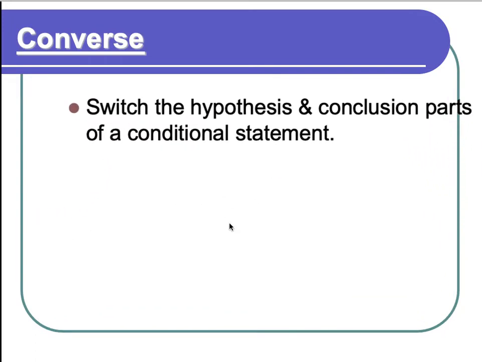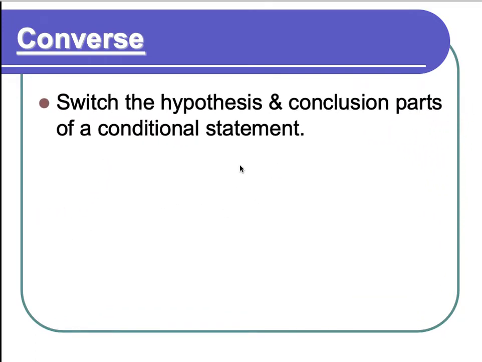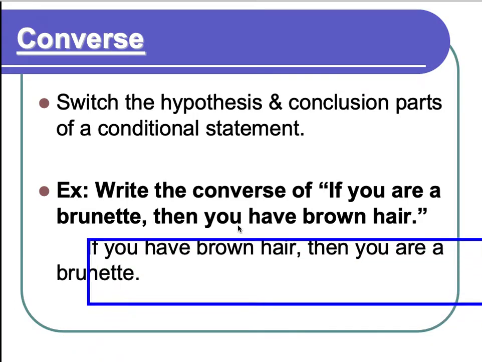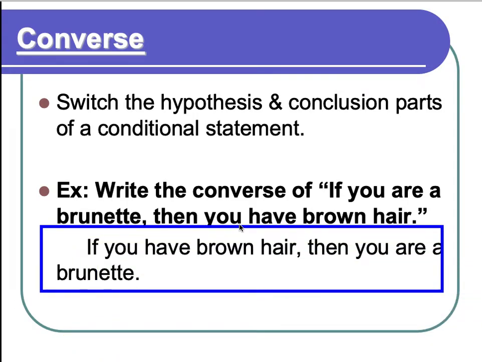Converse. You are going to switch the hypothesis and conclusion parts of the conditional statement. So that is the converse of the conditional statement. Write the converse of: if you are a brunette, then you have brown hair. Just simply switch the hypothesis and conclusion.